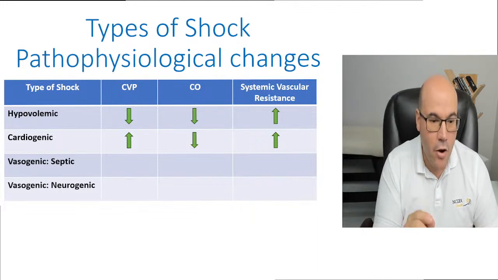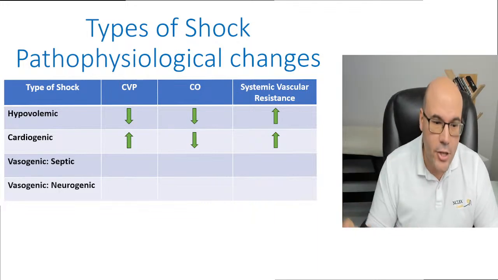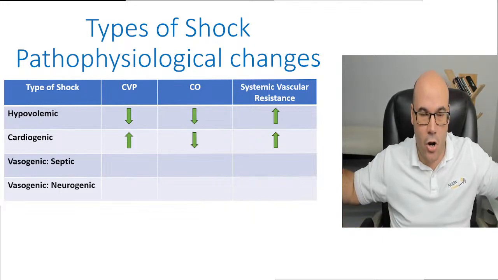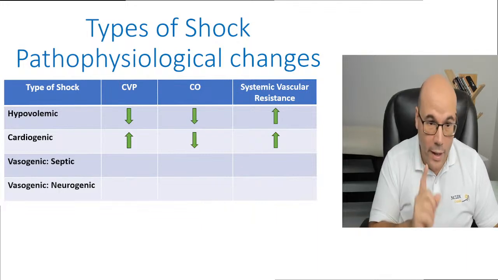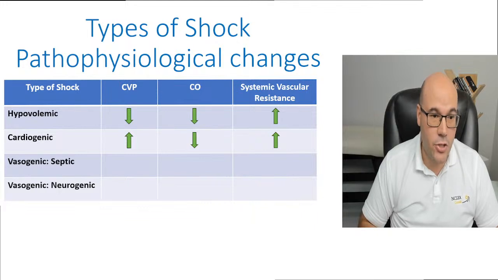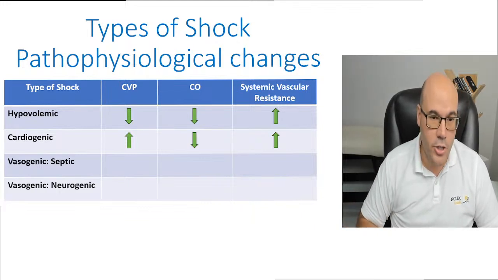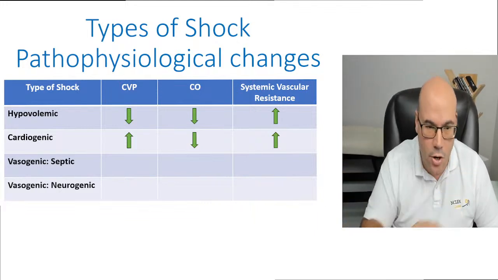Remember, there is volume. There is sufficient volume circulating. But the problem is that there is severe vasodilation that is going to diminish the systemic vascular resistance. So one thing that you're going to see in vasogenic shock that we didn't see in hypovolemic and cardiogenic shock is that the systemic vascular resistance is decreased.